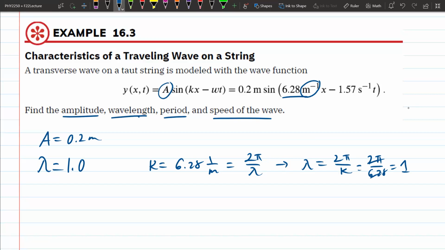What about the period of the wave? What letter on the equation up top should I be using to figure out the period? Should I be using y, x, t, a, sine, k, x minus omega t? It's a little bit more complicated because there's a two-step relationship.